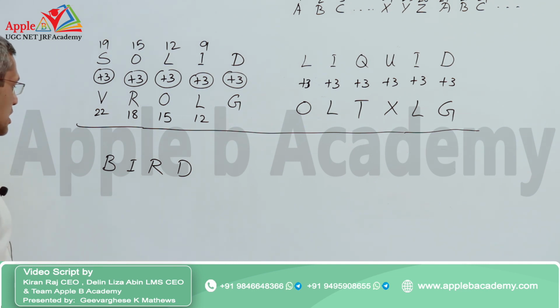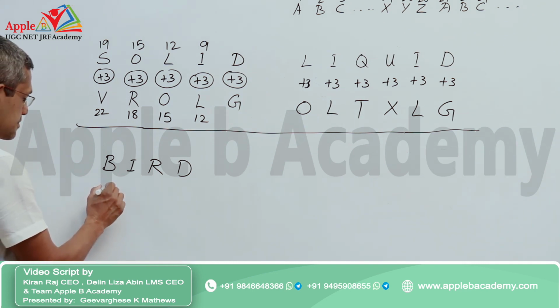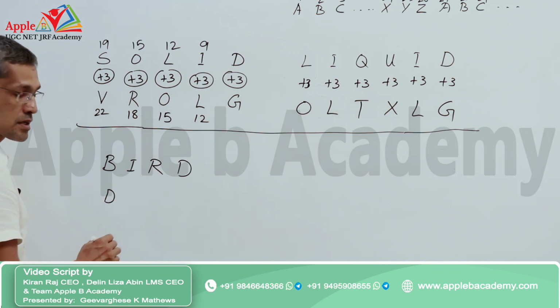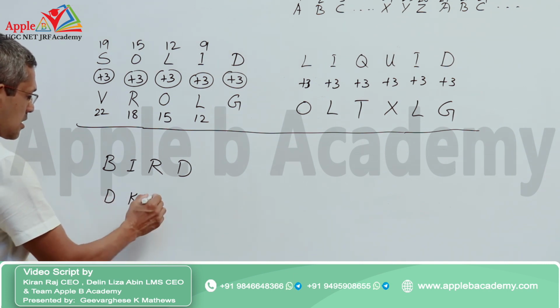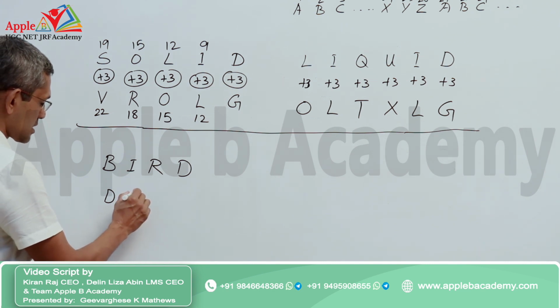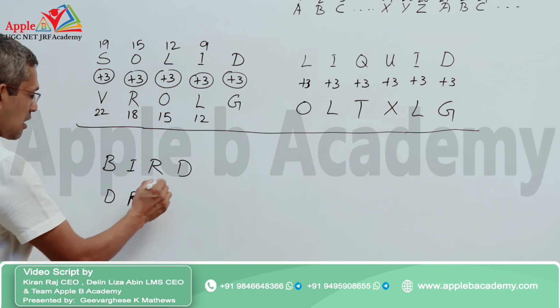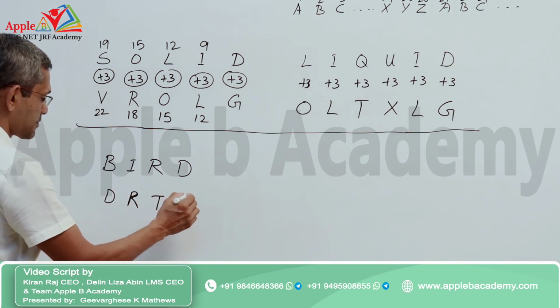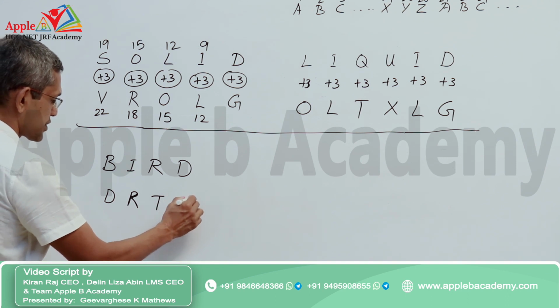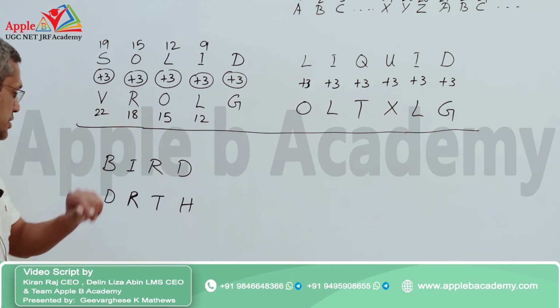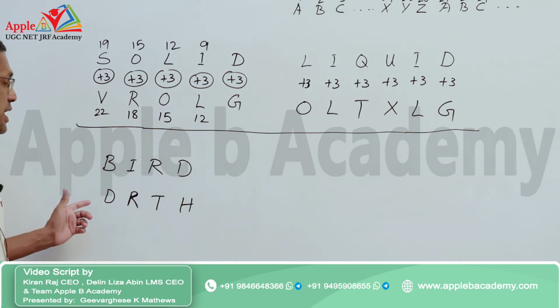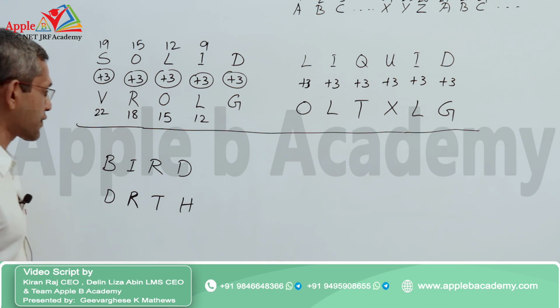So, bird is called as D, and this is K, okay, I will take it as this one, I will take it as R. So, DR, then T, then we have H. So, bird is called as DRTH. So, that is the case. What is the code for nest?